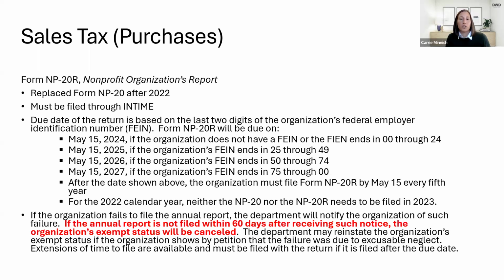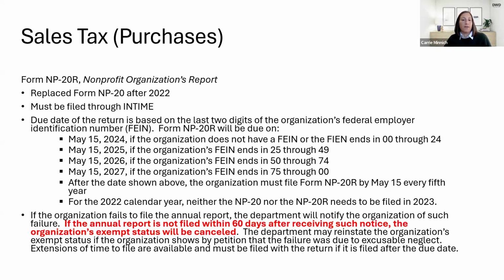And so as we make this transition, they are going to grandfather in the due dates for the organizations. So if your EIN starts with 0 through 24, your first NP 20R was due May 15th, and then your next one is going to be due 2029. And you can see the due dates for each of those EINs.